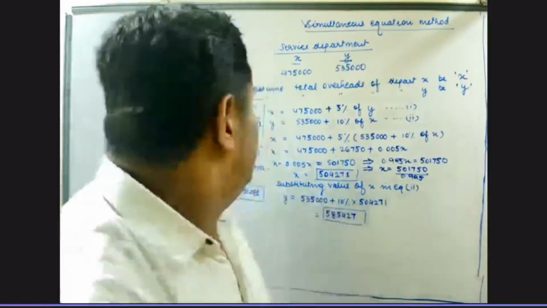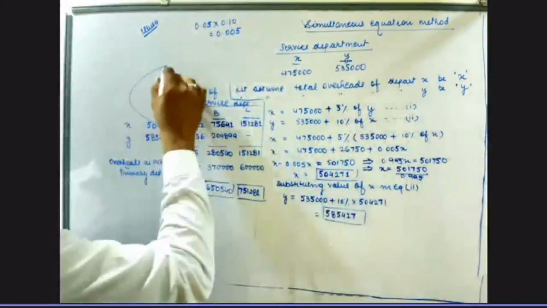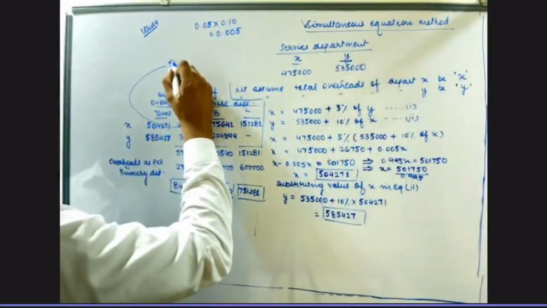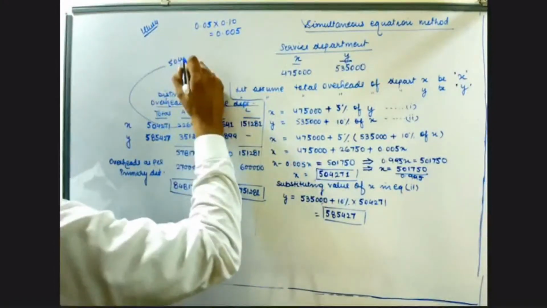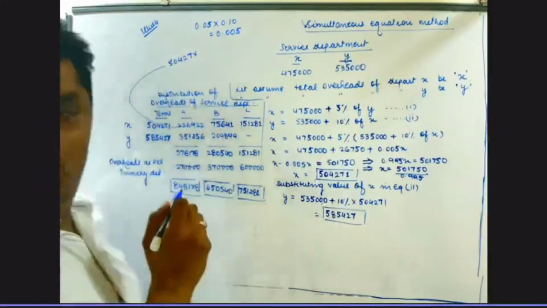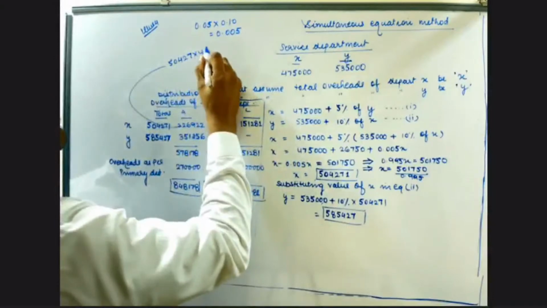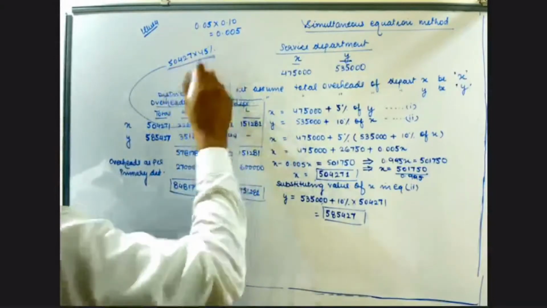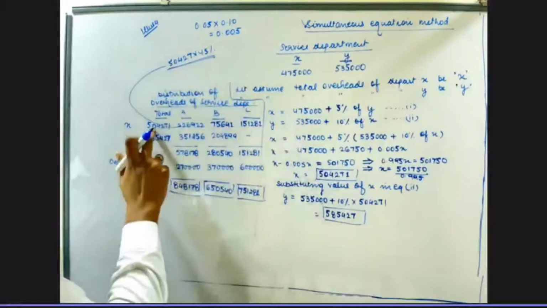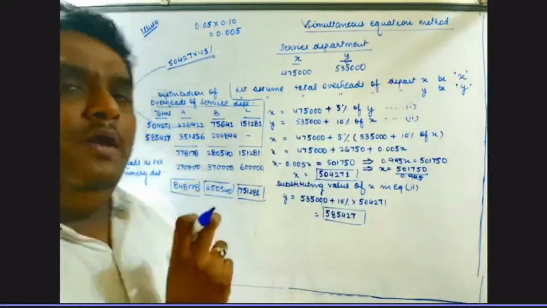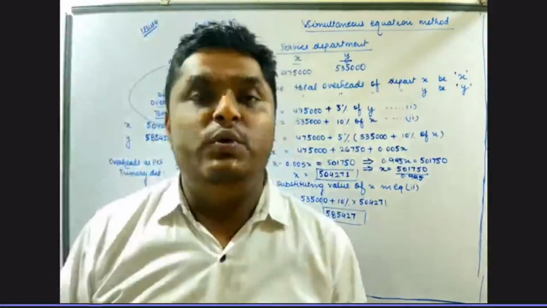So this 22692 is what? 504271 into 45%. The total will not be equal to 504271 because a certain percent is distributed to Y.